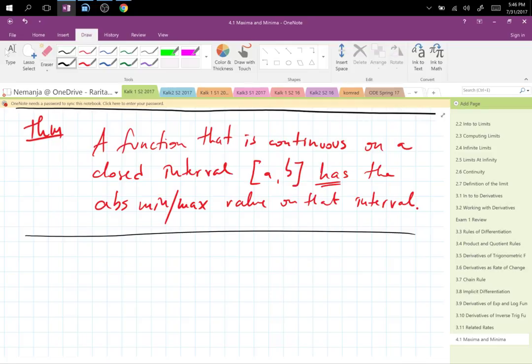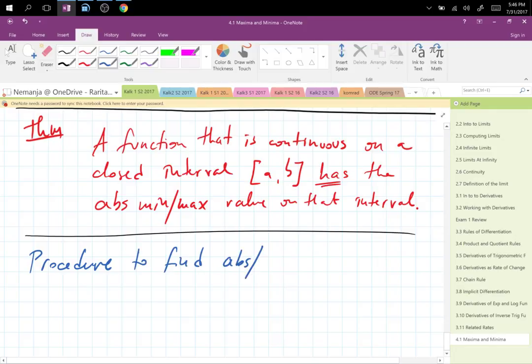Now, the procedure to find the absolute min or max is as follows. Find and test all critical points.